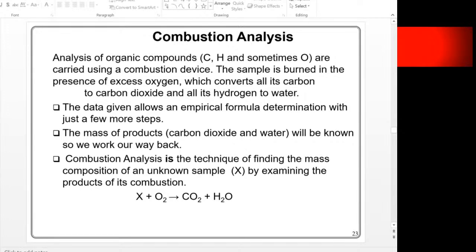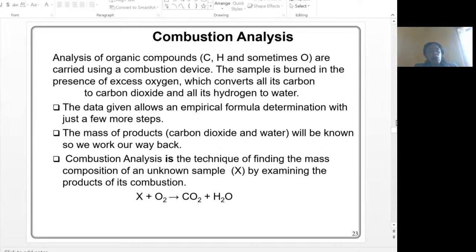Okay, so you get your unknown sample, you place it in the device, and you burn it, and then the information you get gives you data which can help you to calculate the empirical formula.